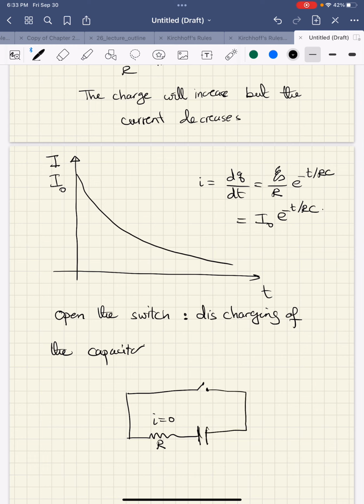Then this is Q0, this is positive, this is negative, and this is my capacitor.